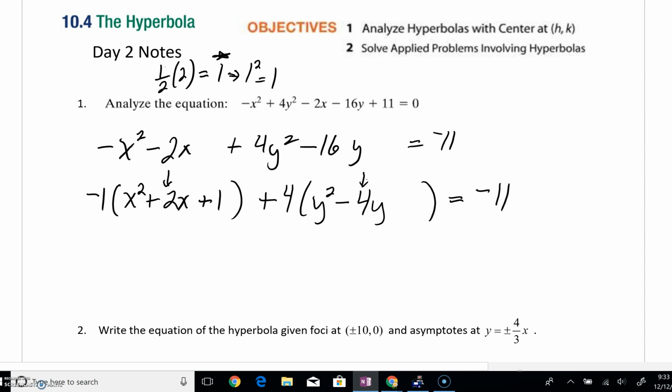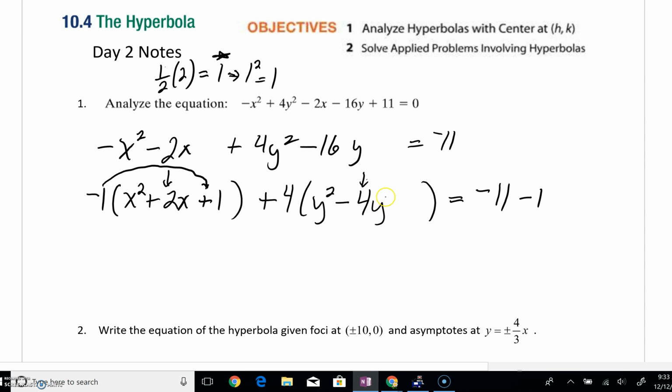But did I really add a 1 to the left-hand side? No. You see, what was factored out in front is still there. Look, if you redistribute that negative 1, which you're more than welcome to do, you'd see that the new term that would remain there would be a minus 1. And the golden rule of algebra is what you do to one side, you must do to the other.